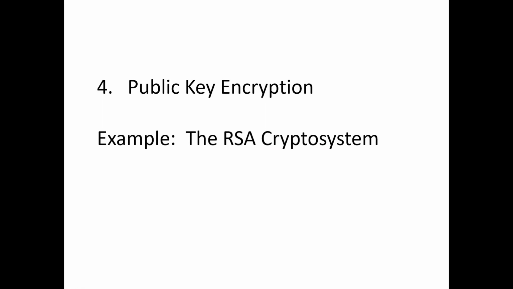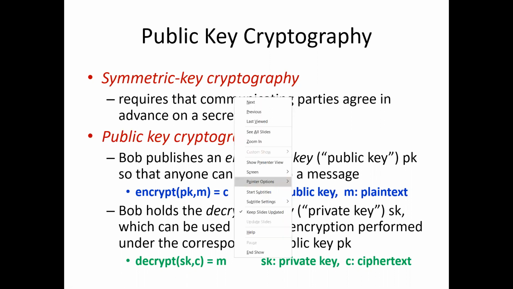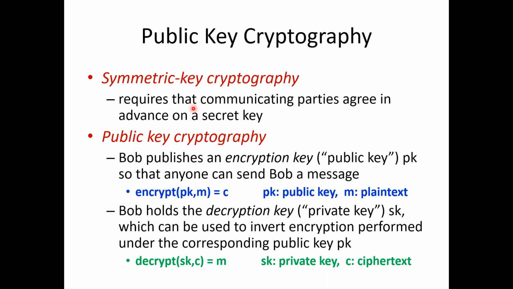Okay, so let me go over the RSA example. The shift cipher and even DES or AES are examples of something we call symmetric crypto systems, where the two communicating parties in advance agree on a secret key. There is an alternative to doing it this way.